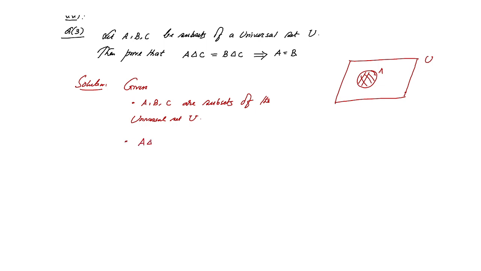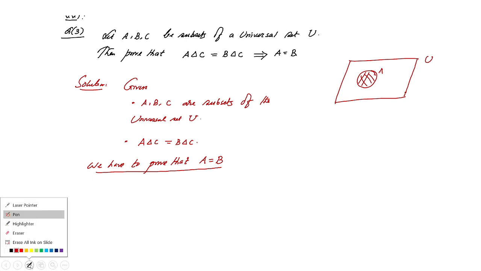It is given A symmetric difference C equals B symmetric difference C. What we have to prove? Here we have to prove that A equals B.